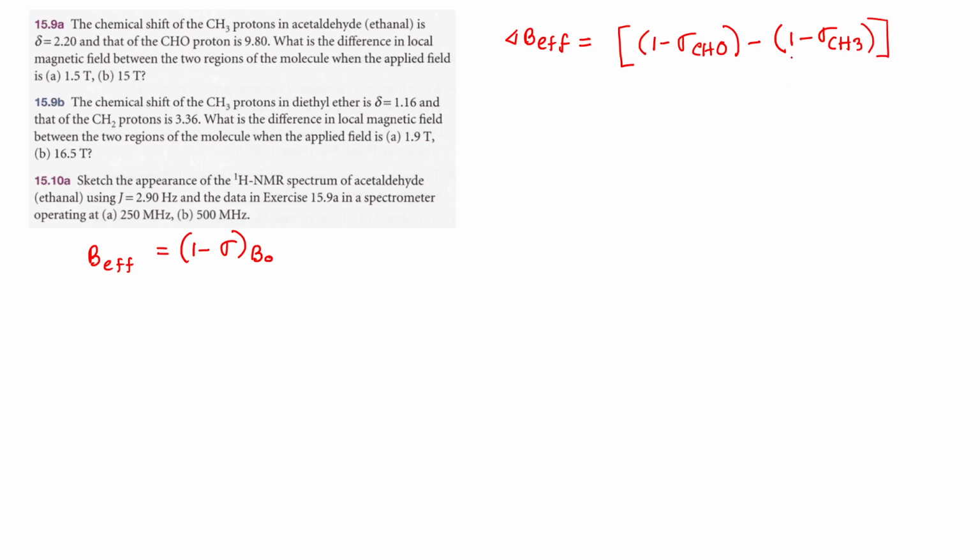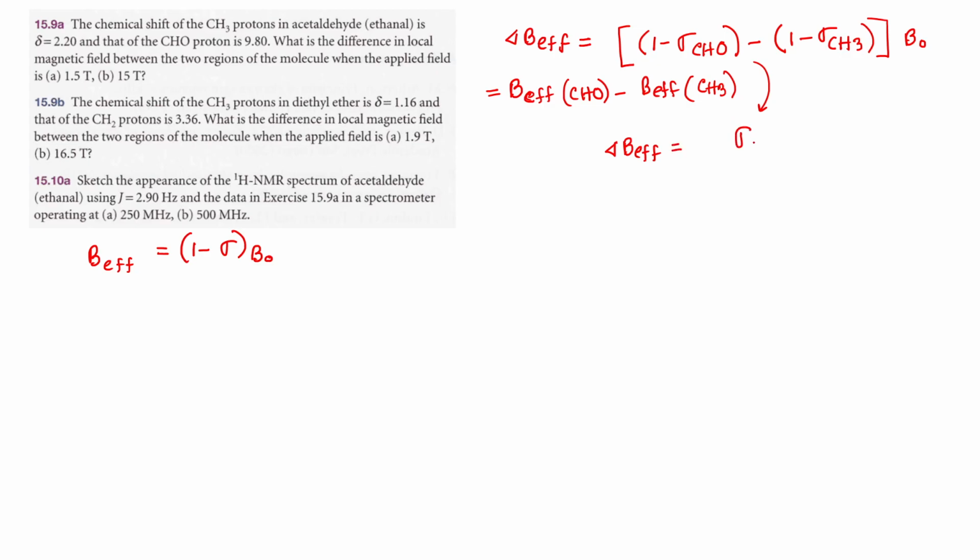Multiplied by B0. So this is nothing but B effective of CHO minus B effective of CH3, right?